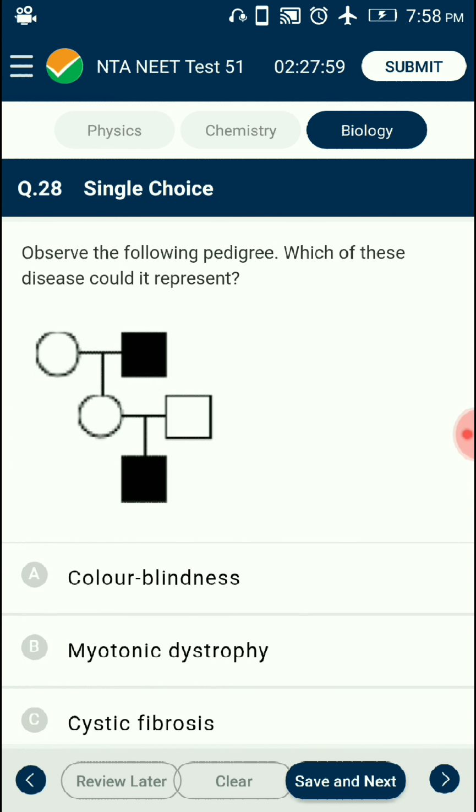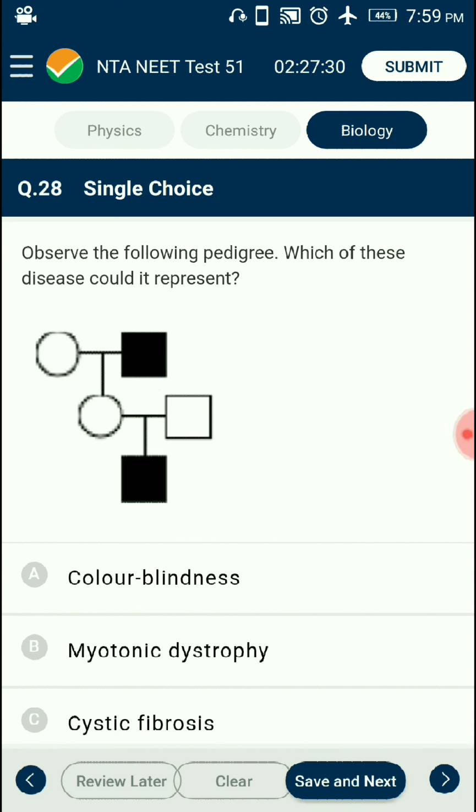Question number 28. Observe the following pedigree. Which of these diseases could it represent? Hypertrichosis is a Y-linked disorder. This is transmitted from the father to son. In this pedigree, it is not so. Myotonic dystrophy is an autosomal dominant disorder. Two parents not suffering from this disease cannot produce diseased children.